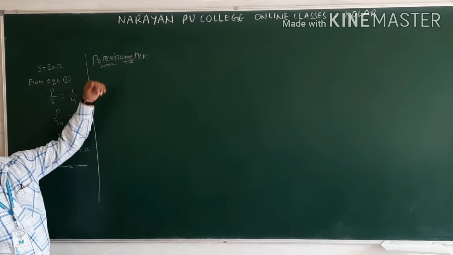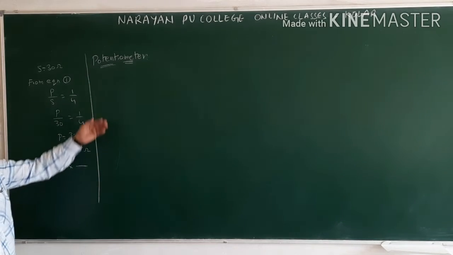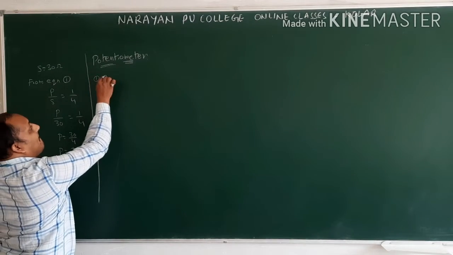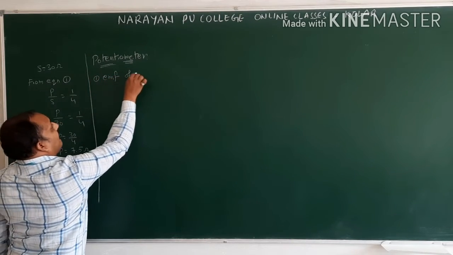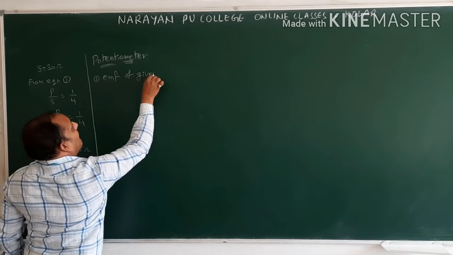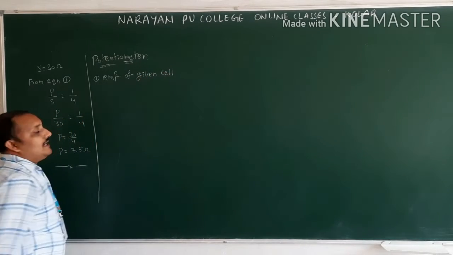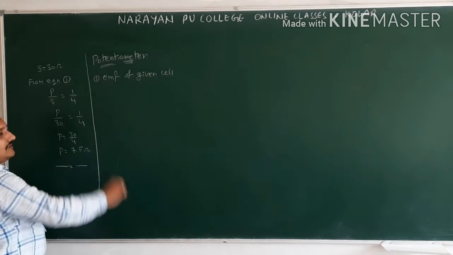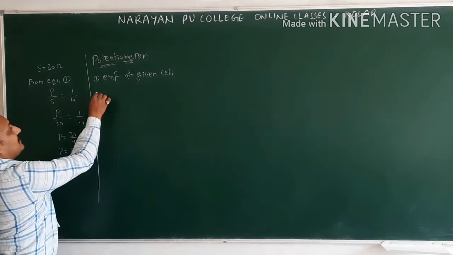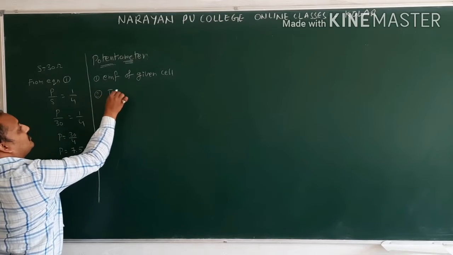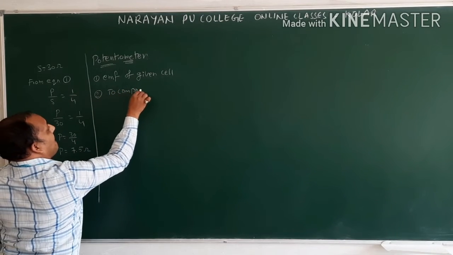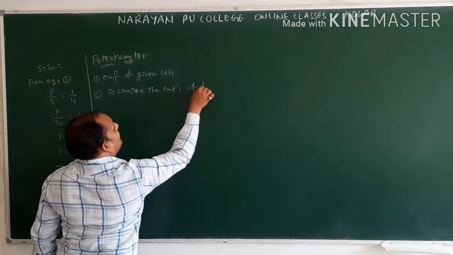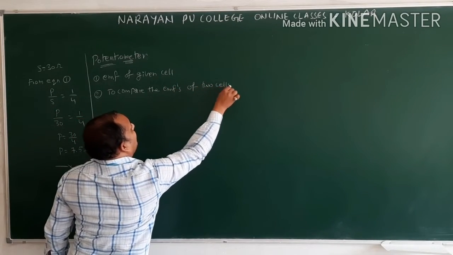Now what is the use of the potentiometer? By using the potentiometer we can find the EMF of a given cell, electromotive force. Already we defined this in previous videos. Next, to compare the EMFs of two cells.